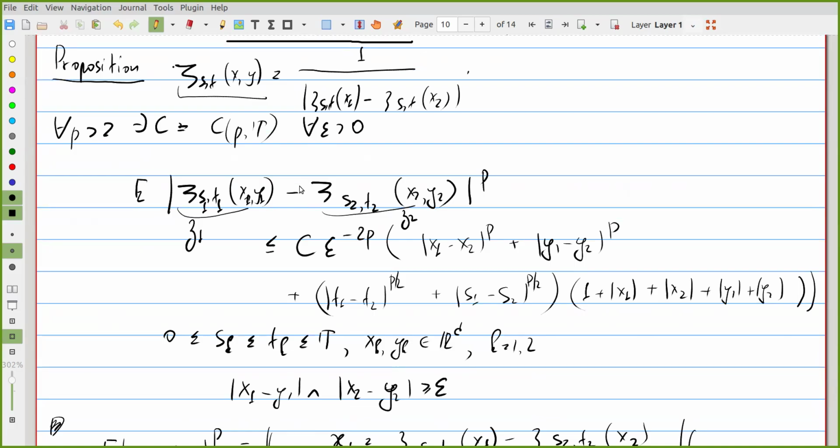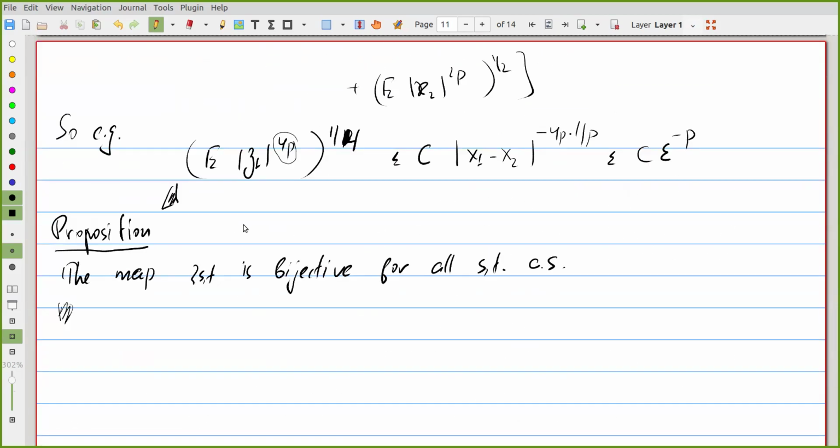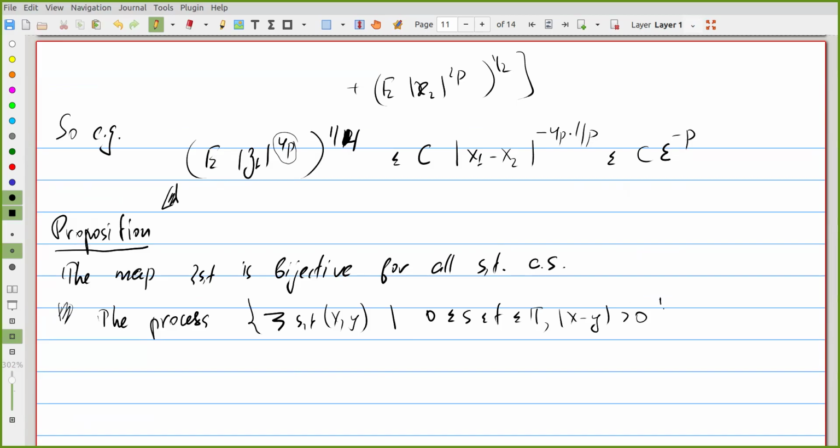And the way to do this is effectively you take p in the previous proposition large enough, and you use the Kolmogorov continuity theorem. Then the process zeta_{st}(x,y) has a continuous modification, almost surely. And this implies that it is well defined.